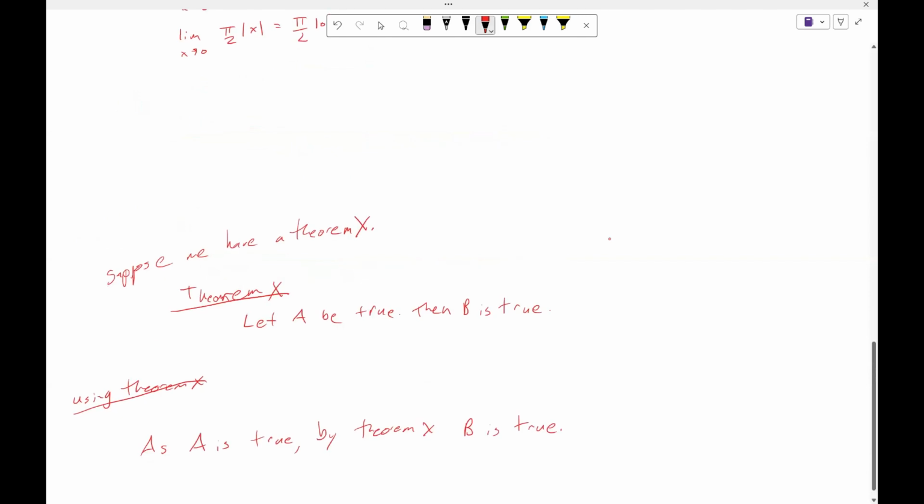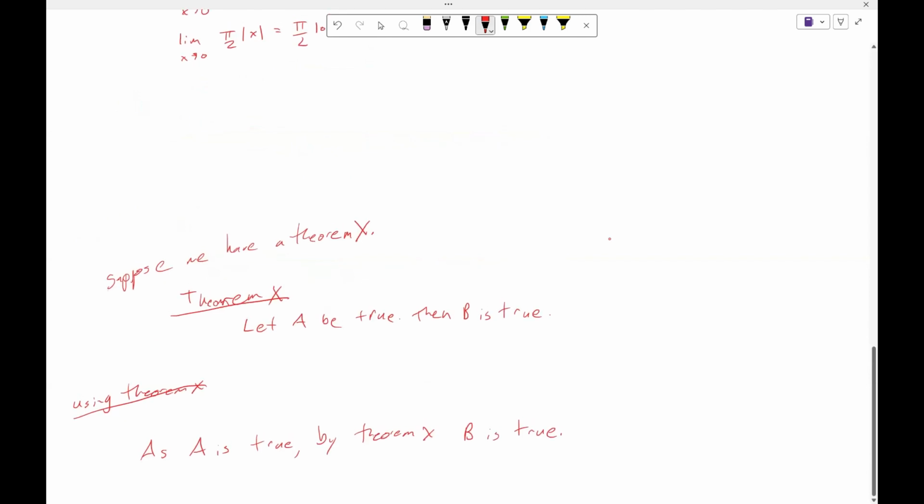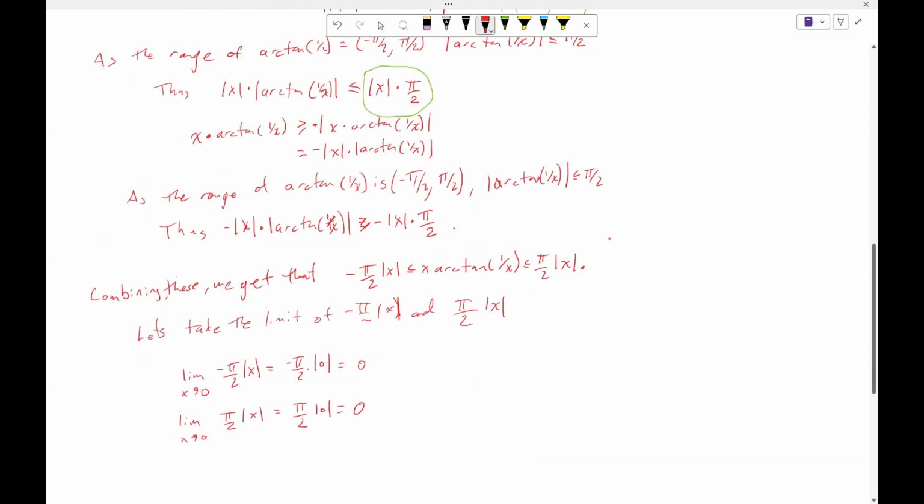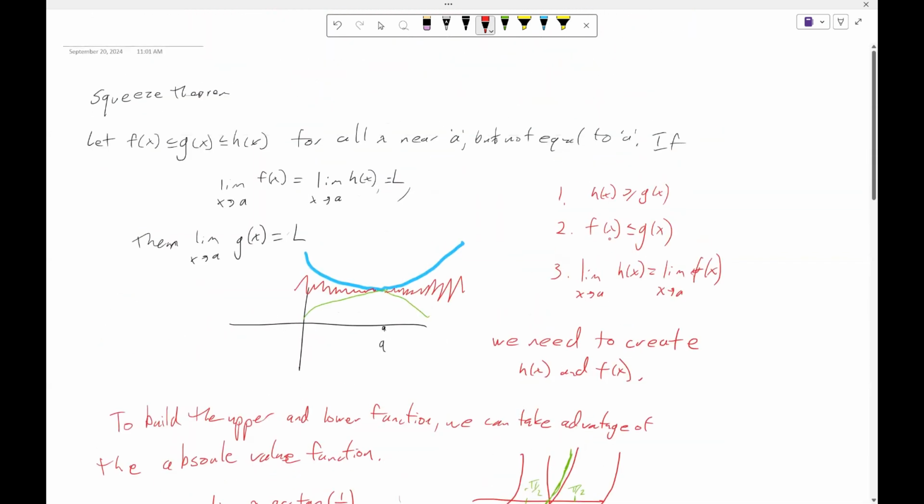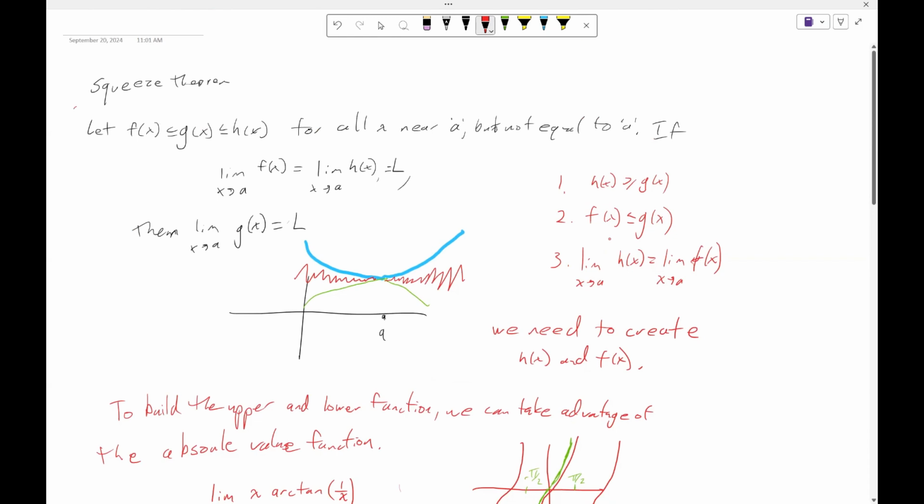So using this idea, let's go back to our squeeze theorem. What is A? A is this piece here, or more specifically, A is this chunk here.